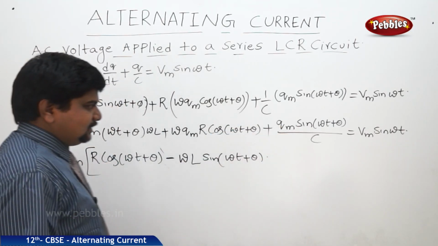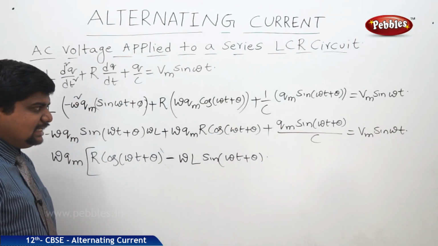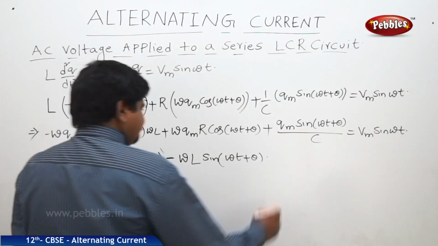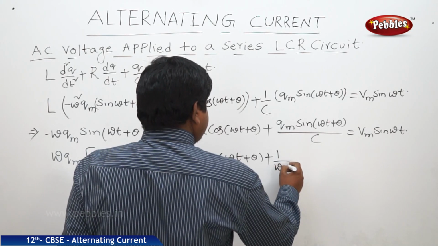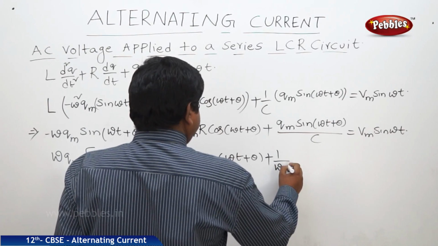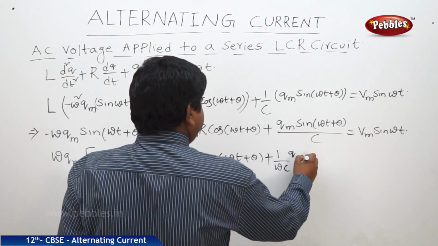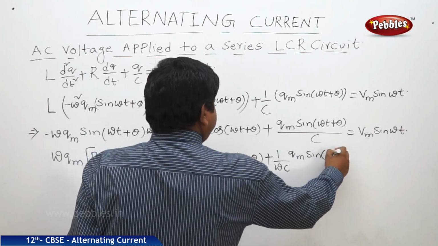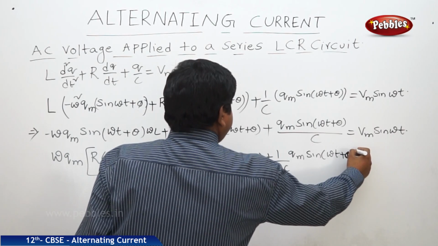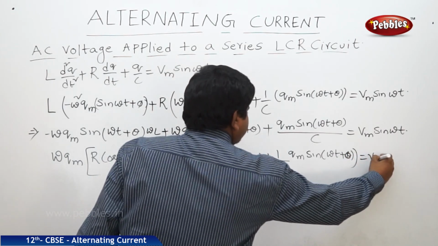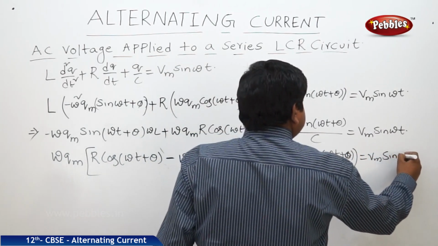What about this term? 1/(ωC) into qm sin(ωt + θ) is equal to Vm sin ωt.